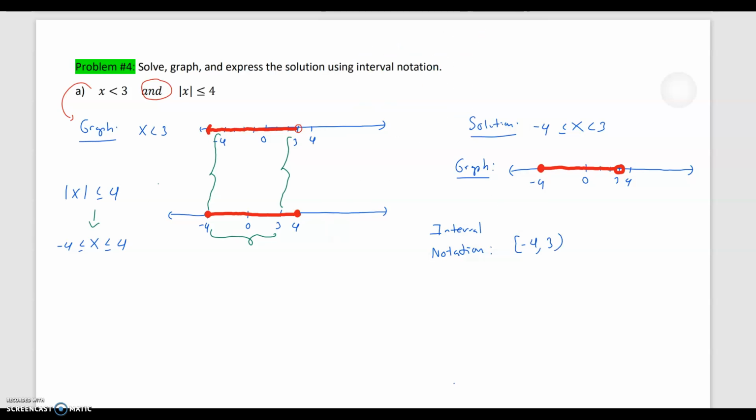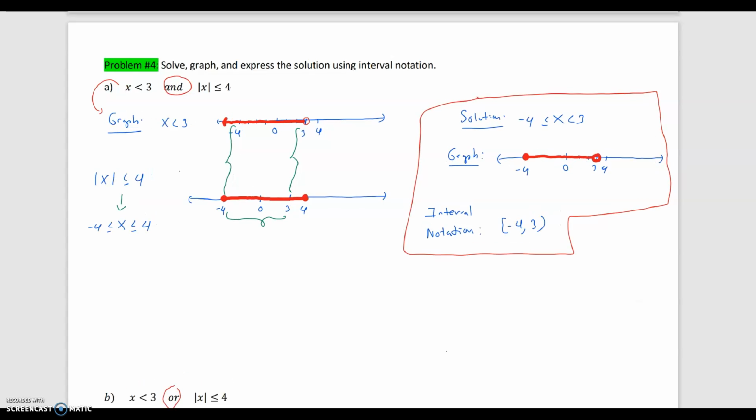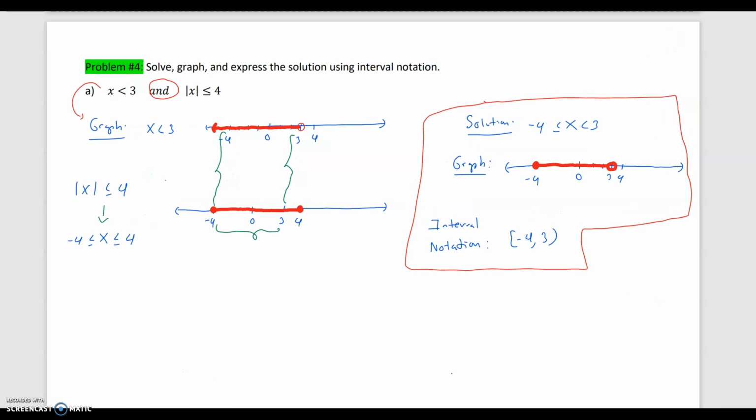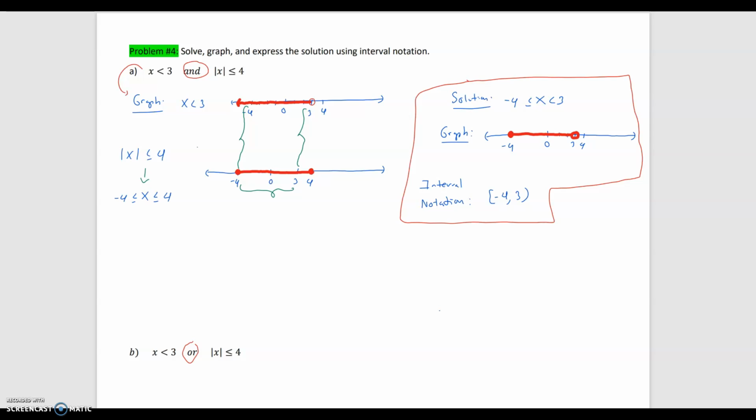That's actually it for this one. We'll take a look at the union. And let me just take another look on this one. So including the edges and not including, so from negative 4 to not including 3. And that would be fine.